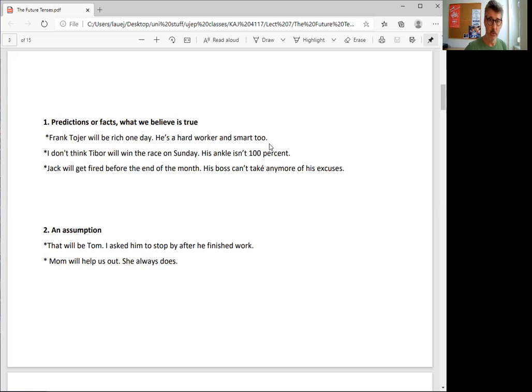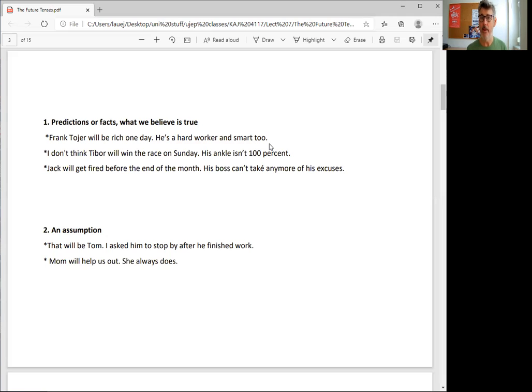Vince goes into this as well, in unit 2. So we can talk about predictions or facts, like something that we believe is true. It's a prediction for the future. Here we have: Frank Toyer will be rich one day.